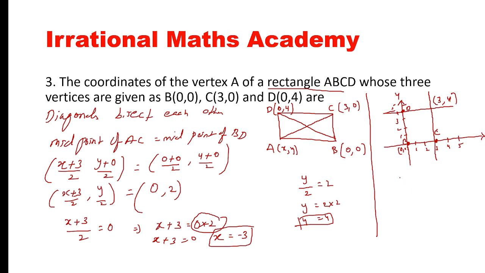So here my A will become 3 comma 4. If I take it in order, I'll get minus 3 comma 4. If they mention we have to take it in order, you can do this one. If they didn't mention it, and they give you this question, do this one. Is this clear?